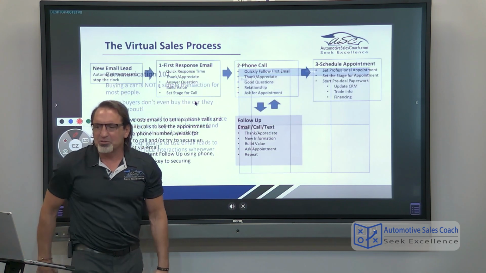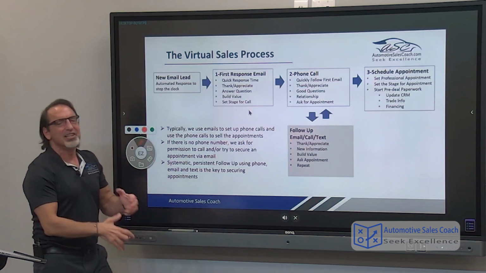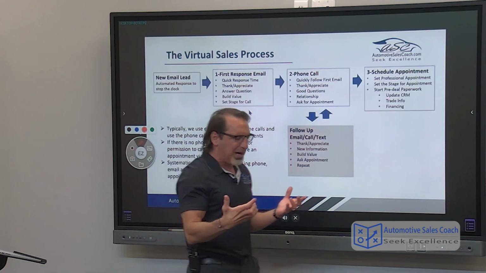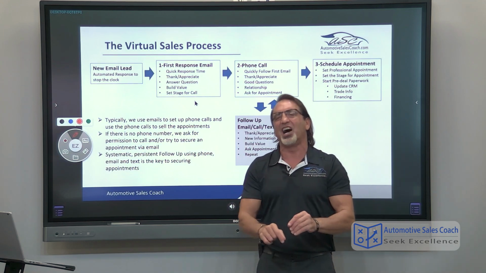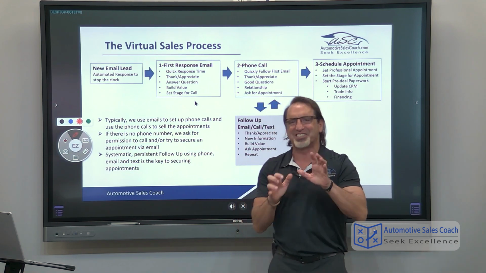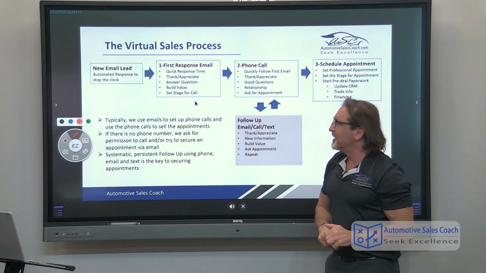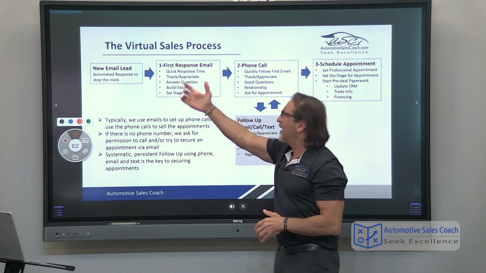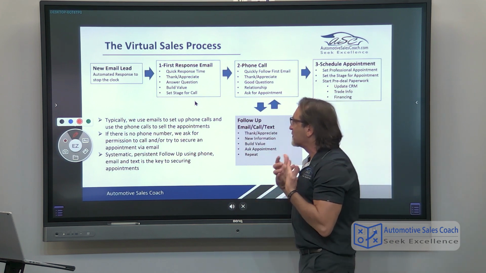Okay. So I've laid it out for you in this little map. So the new lead comes in, and we've got to have that automated response. The manufacturer asks, are you responding to your lead? So this really was designed to stop the clock, so we're responding, right? It doesn't do much for us other than that, right? And that's why we need to have a first email response, and we like to do that quickly.